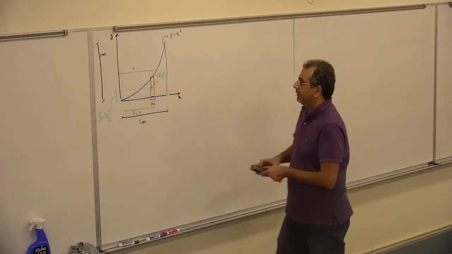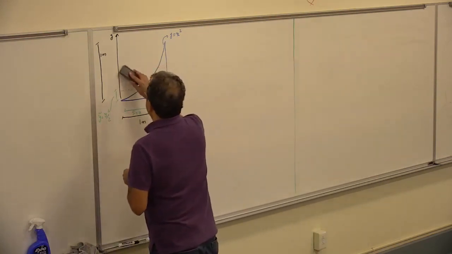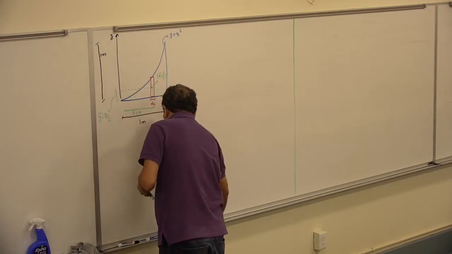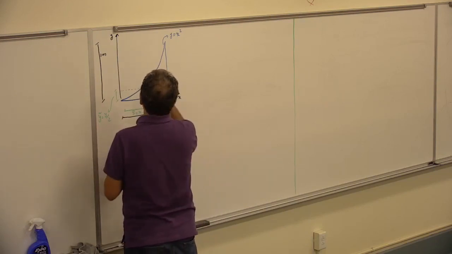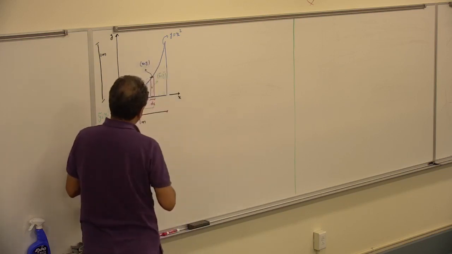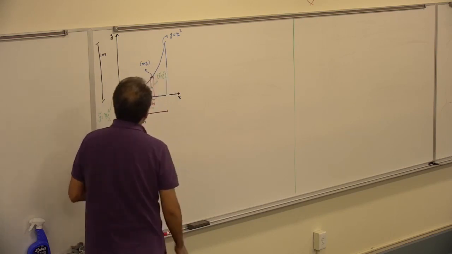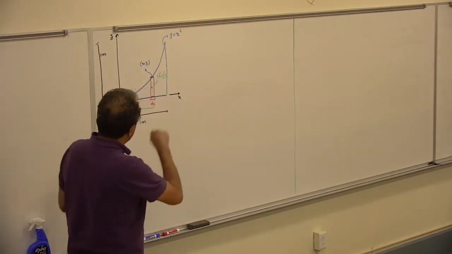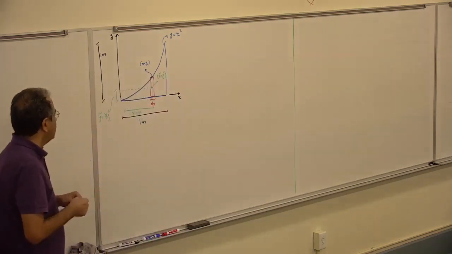This point here has the coordinates x and y. The coordinate on the curve has coordinates x and y at each point.